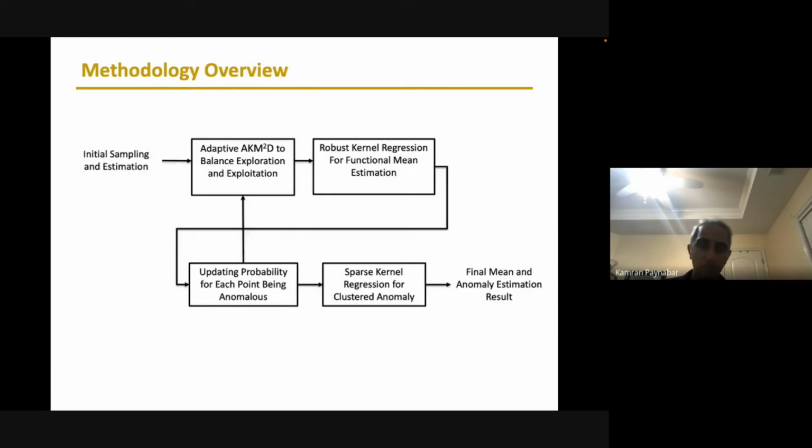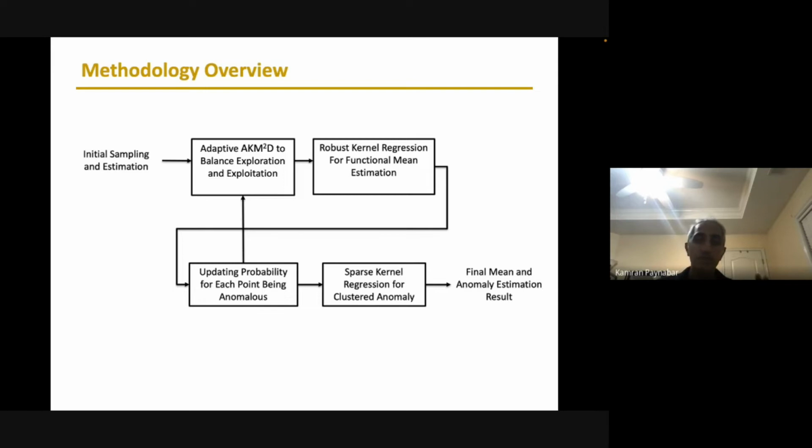So how does it work? We start with initial sampling, and we have a methodology called AKM2D. I'll tell you what this is. It stands for Adaptive Kernel Methodology, to do exploration and exploitation, as I said.